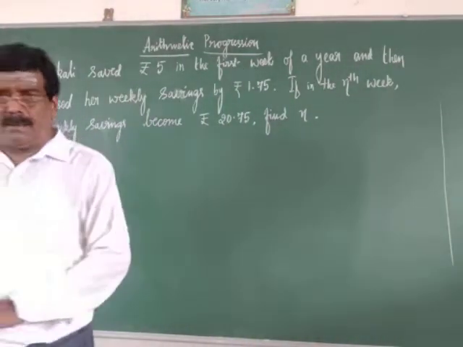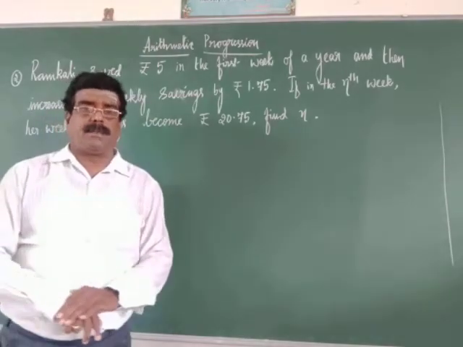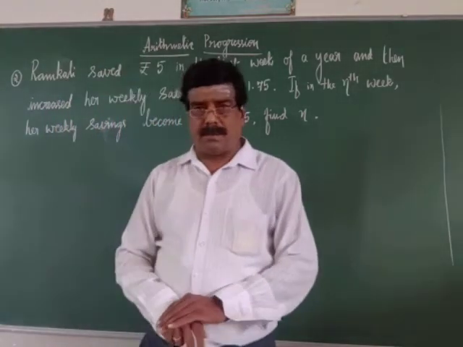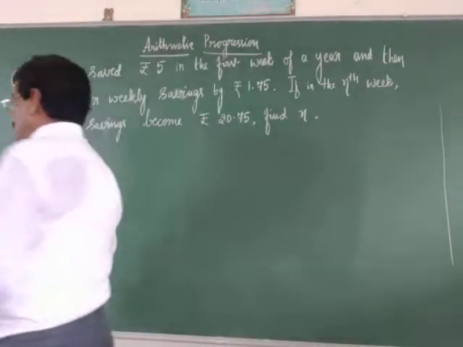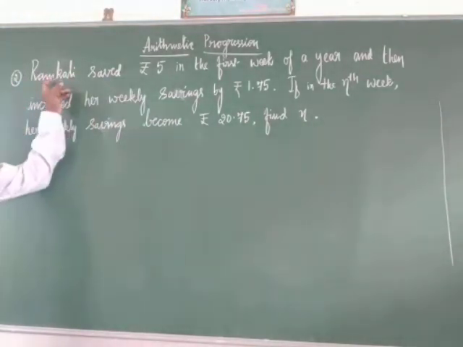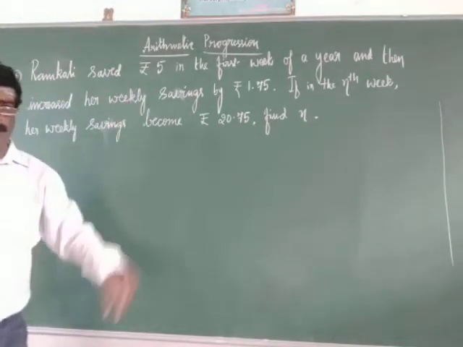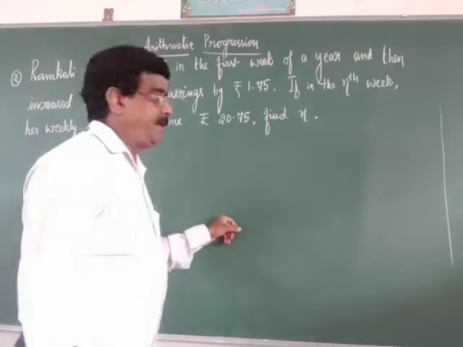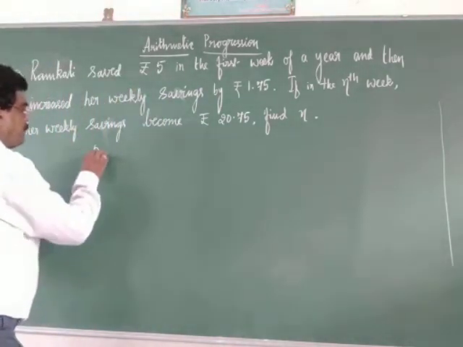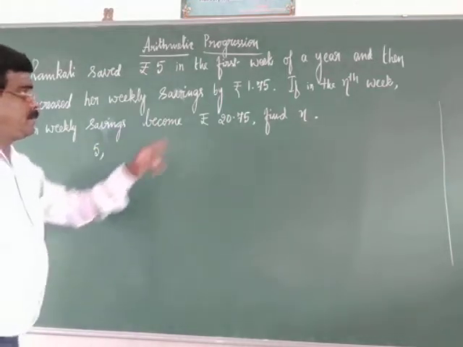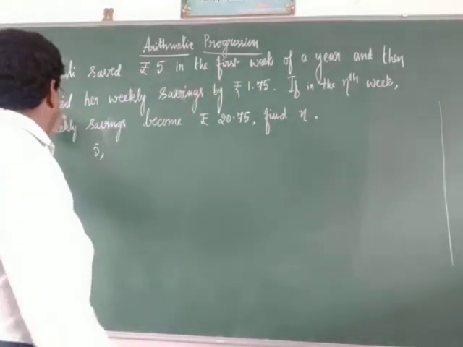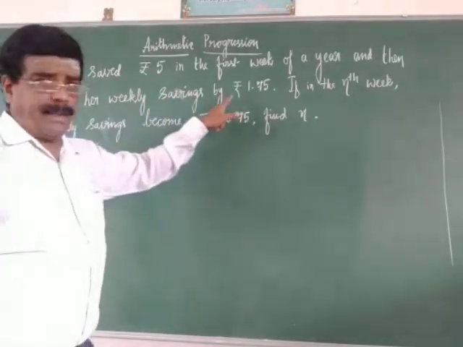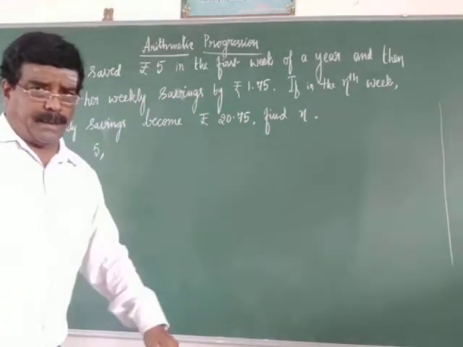This is a similar question, like what we did in the previous question. Same thing. Here, Ramkali saved rupees 5, this is the first term A, that is 5. Then she increased her weekly savings by rupees 1.75.